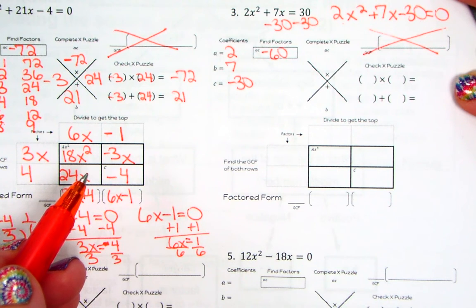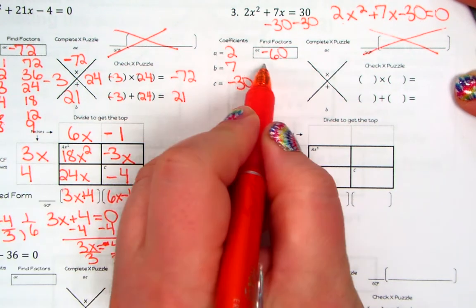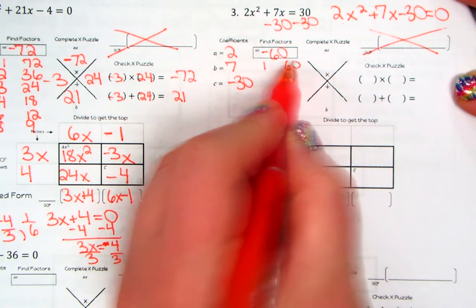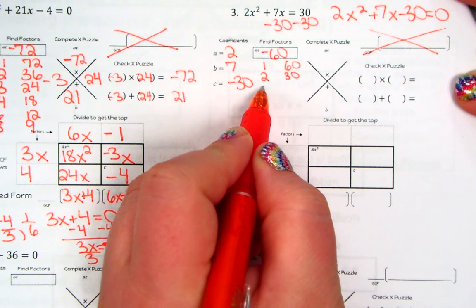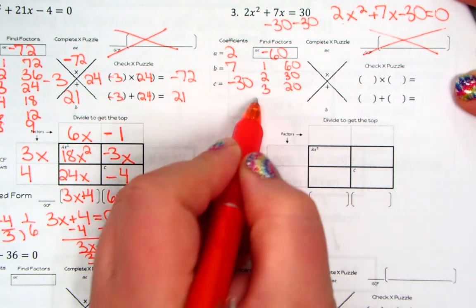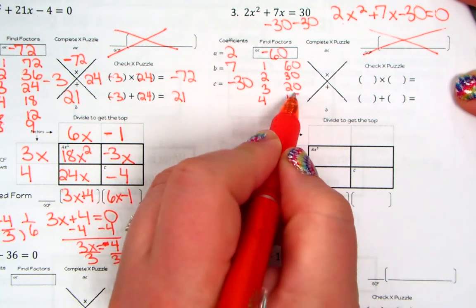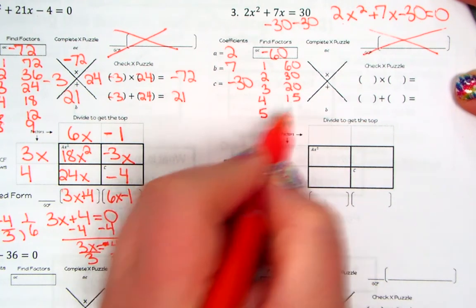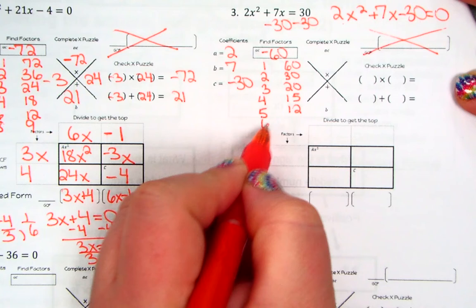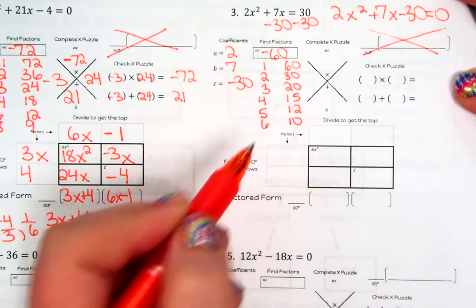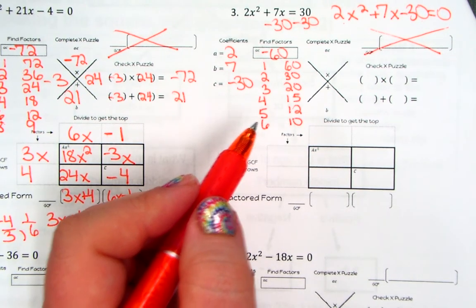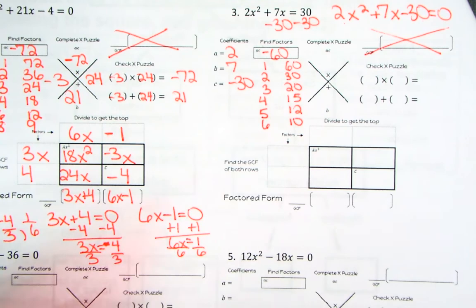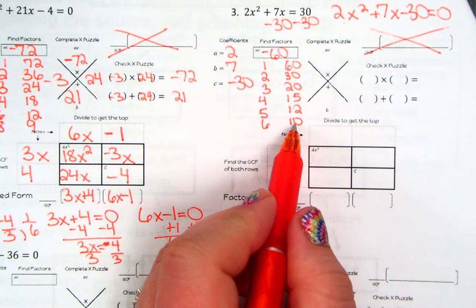So the factors of 60, you're going to go down the list. 1, 60, 2, 30, 3, 20, 4, 15, 5, 12, 6, and 10. 7 doesn't work, 8 doesn't work, and 9 doesn't work, and there's 10.